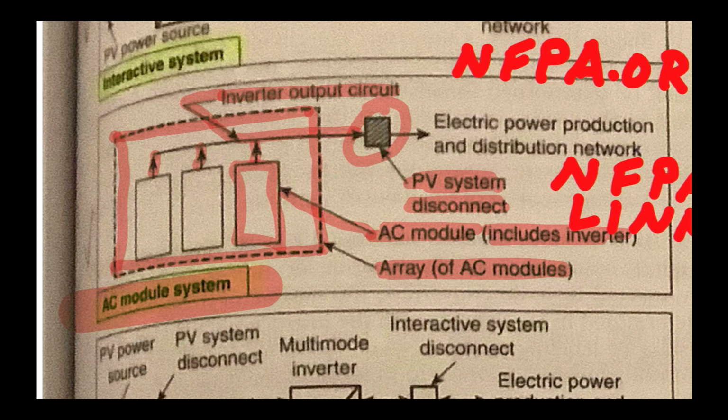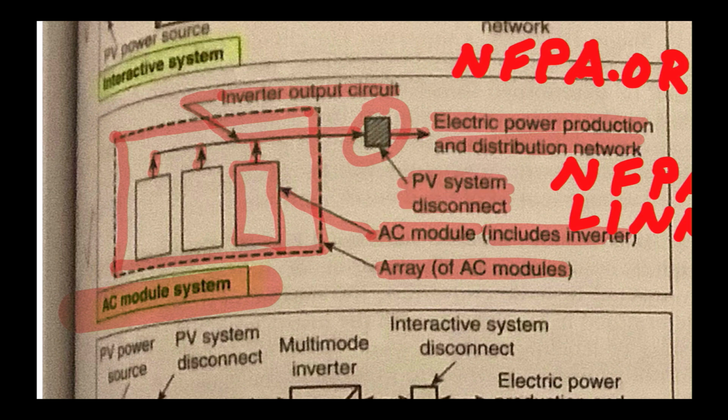And then it goes over to here, to the electric power production and distribution network. So the answer for what we're looking for is the PV system disconnect, and that's this over here.